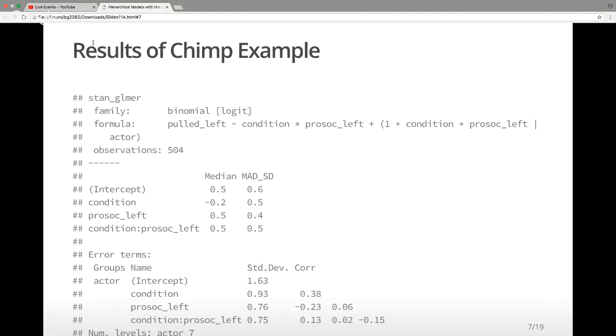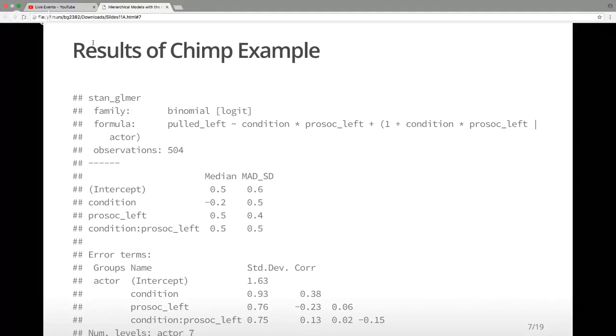And so it wouldn't make sense to have independent beliefs about, let's say, the condition and whether the thing is on the left when those things are correlated in the posterior distribution, -0.23.